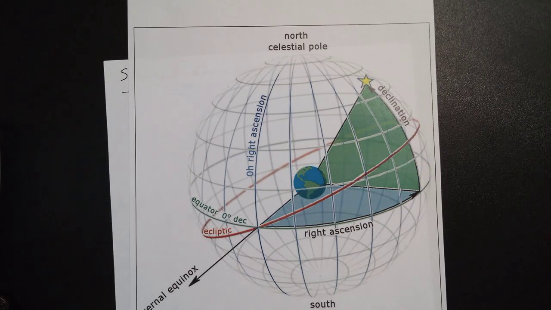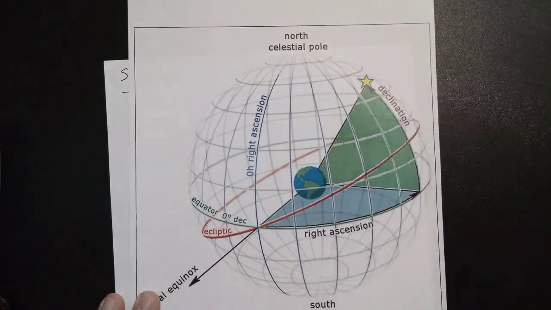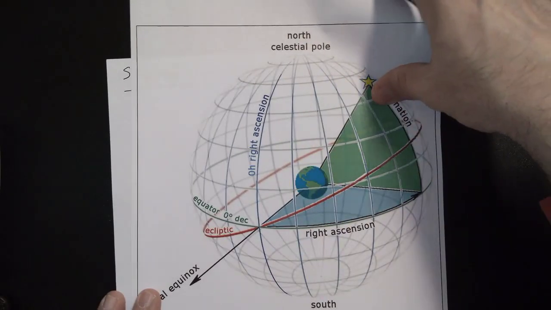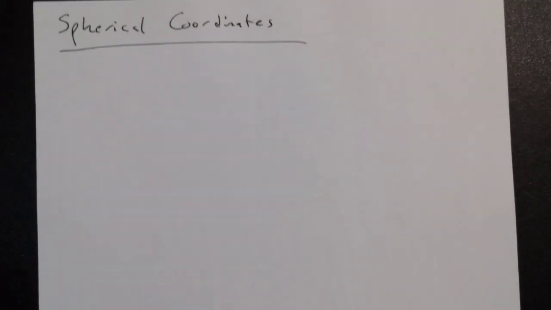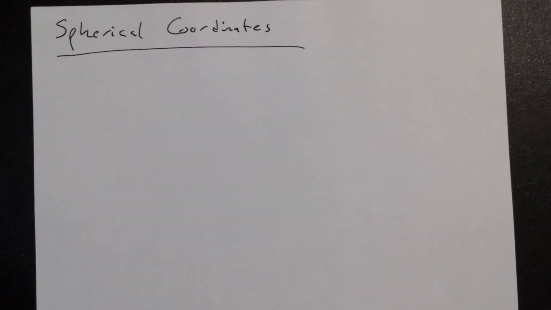Okay. I want to take this idea and make it more abstract. I actually want to use declination instead. So I'm going to think of my coordinate system based in a sphere. And if I'm in a sphere, rather than use this one, I'll use an arbitrary sphere. So let's create our three-dimensional coordinates.